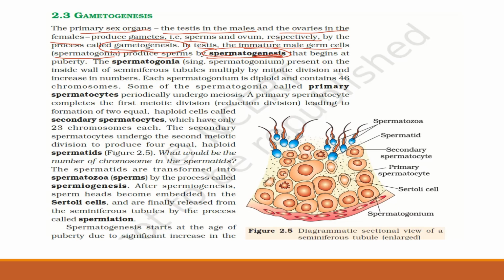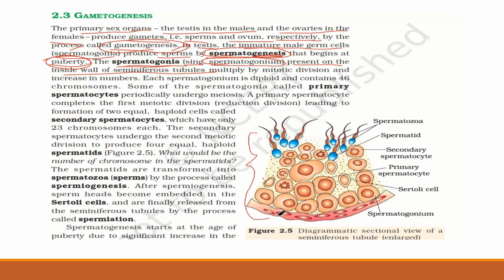They produce the sperms by the process of spermatogenesis, and this begins at the age of puberty. So when a male body reaches puberty, only then the spermatogonia will be converted to sperms by the process of spermatogenesis. So what is spermatogonia? The spermatogonia, singular spermatogonium, is present on the inside wall of the seminiferous tubules.